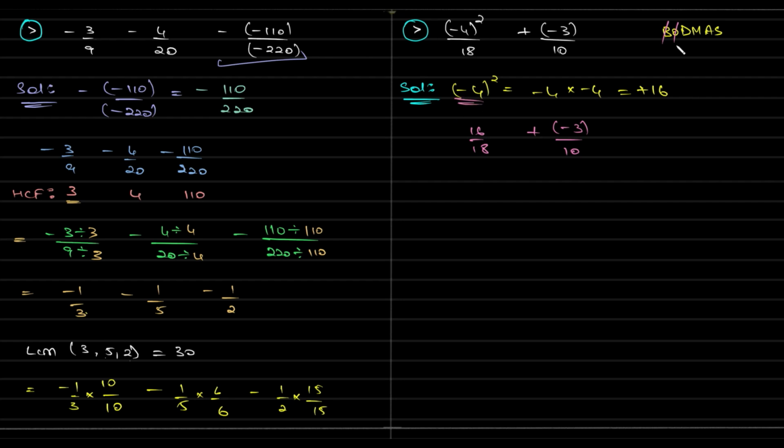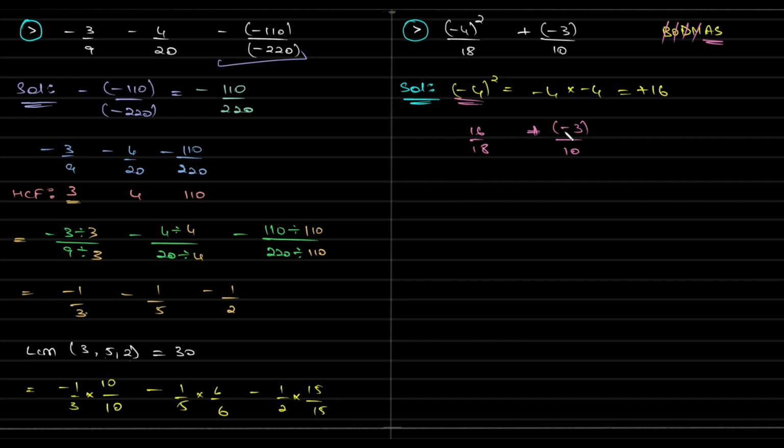We need to handle that before handling addition or subtraction. Is it not? There is division, but we are considering this as a fraction, so we are not trying to solve it by dividing, right? So directly we'll jump on to addition and subtraction. Okay, so we had to finish your order.